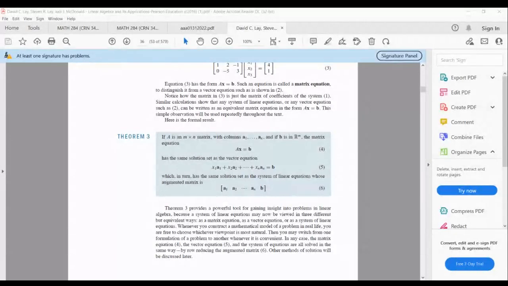Okay, so here in Theorem 3 from section 1.4, they're just tying together how a matrix equation can be written as a vector equation. So the matrix equation is like equation 4. That can be written as vector equation 5, and vector equation 5 can be written as the augmented matrix, which we represent symbolically this way.